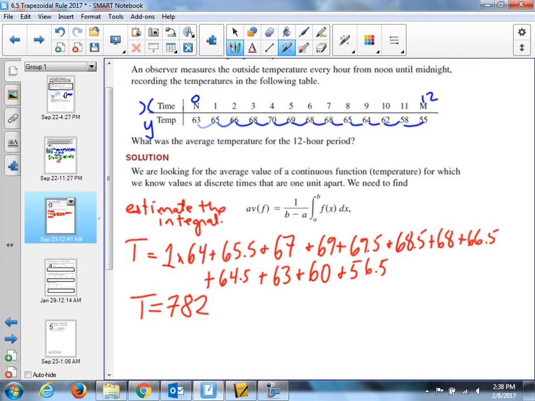Make sure you have 12 values there. Maybe tick them off as you do them. Maybe even it would be a good idea to just do your arithmetic under here and put your 64 right there, so you know for sure you haven't missed anything. 782 is that. Now I've got to get back to the problem.